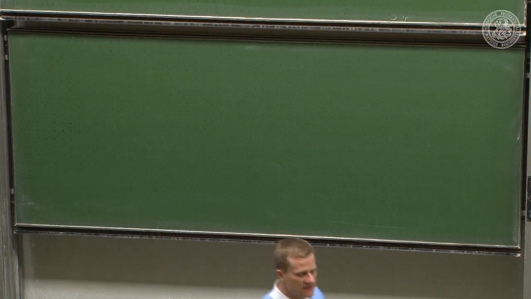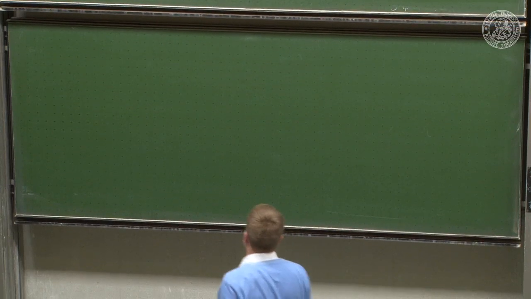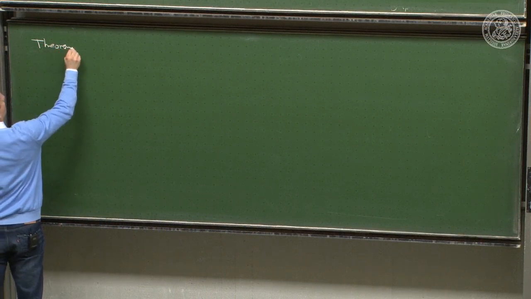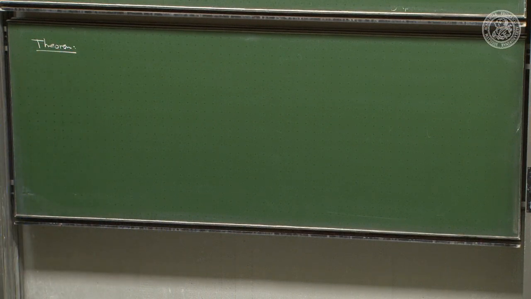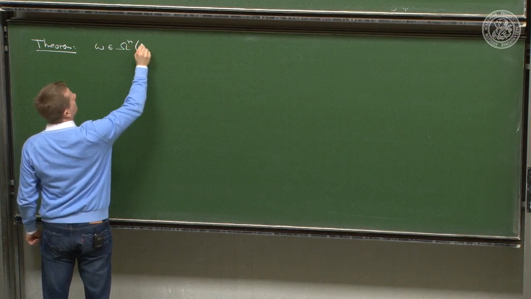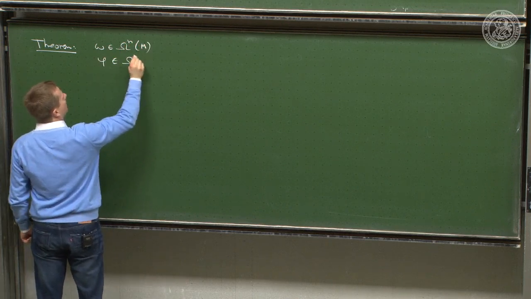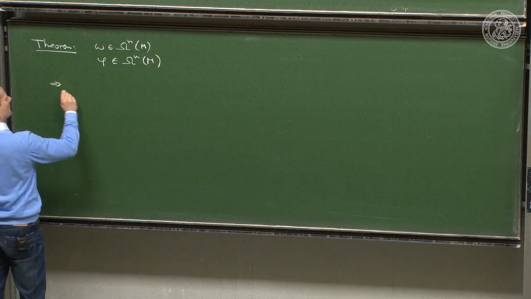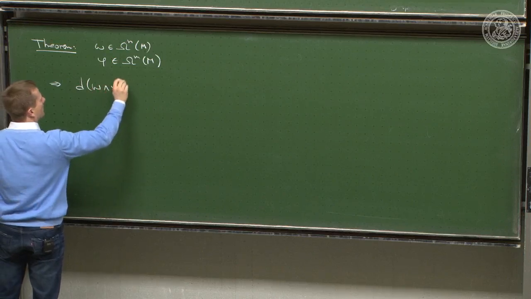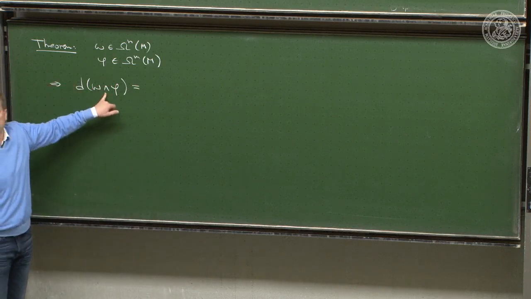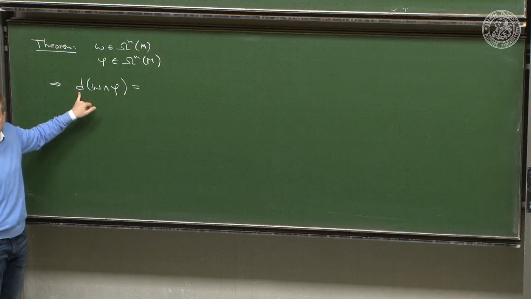So the question is, how does this d commute, how does it talk to the wedge? So let omega be an n form and let phi be an m form, then the d of omega wedge phi is, now this is a product, it's an antisymmetric product, and here I have some kind of differentiation.